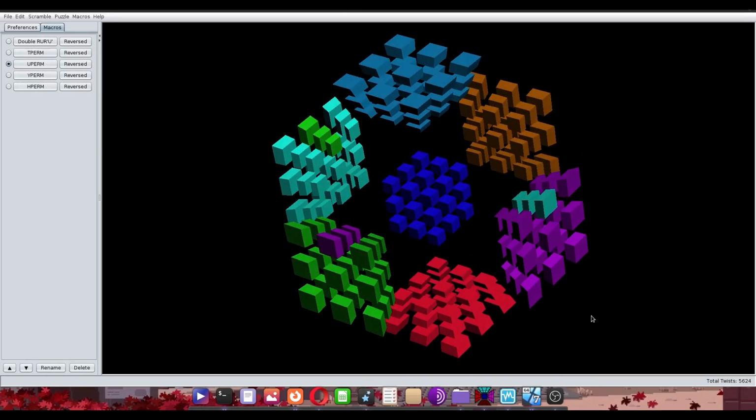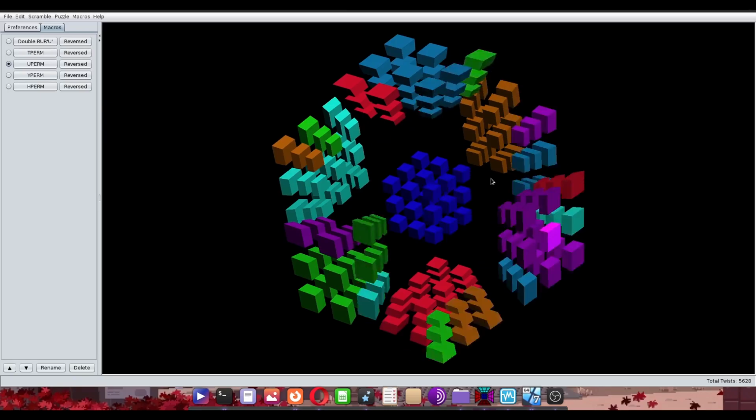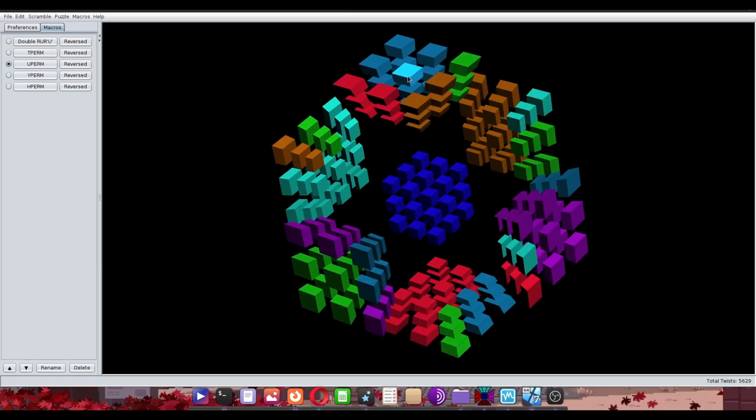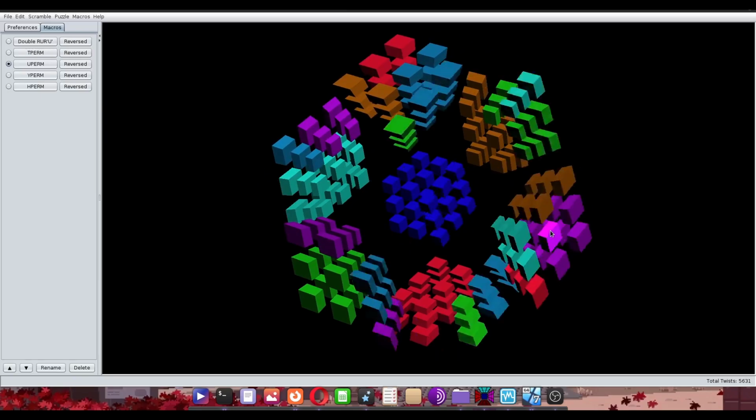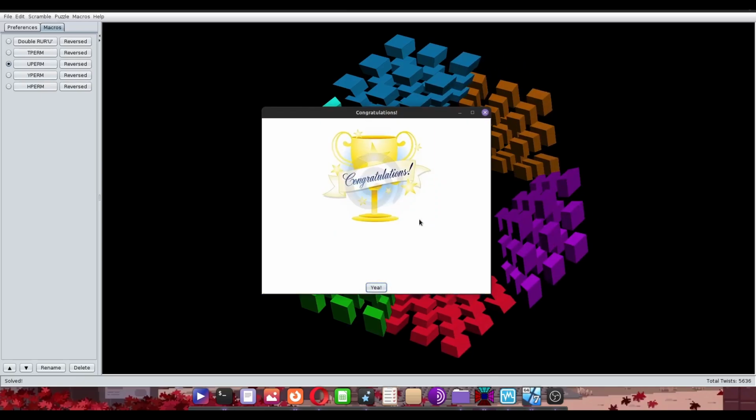All that stood in the way of me in the solution was one U-perm. I had a macro for it, but I decided to do it myself. And now, just like that, I had solved the 4-dimensional Rubik's Cube. I didn't even know that this congratulations pop-up existed.